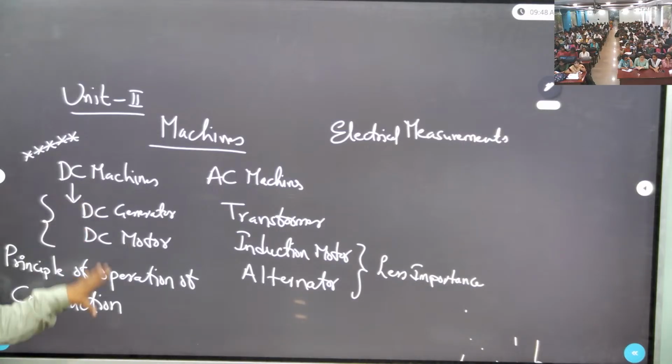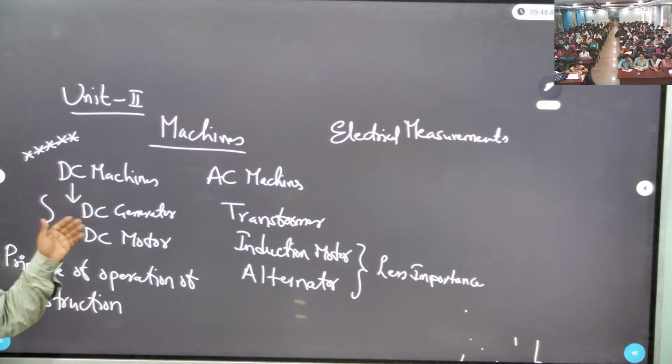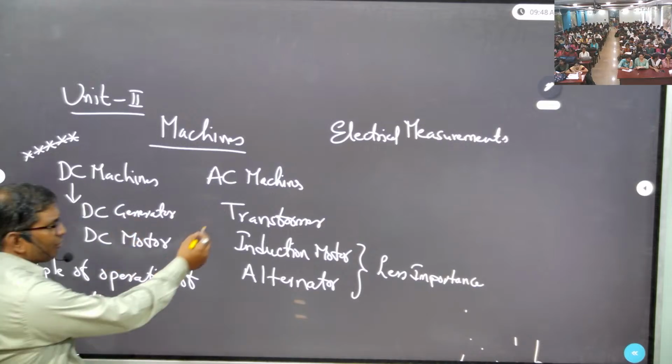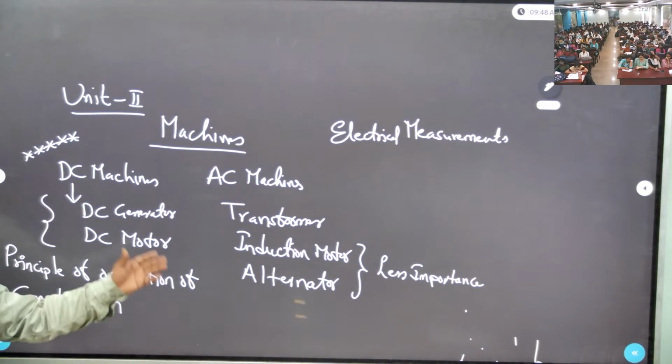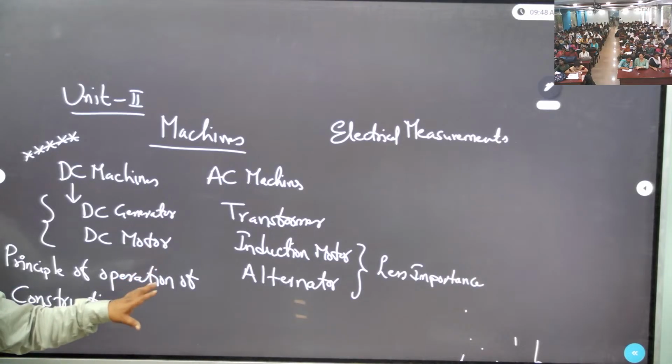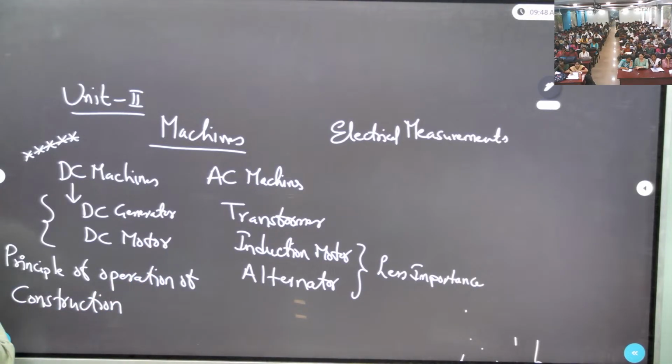You have to study all of this. For DC machines, in the DC generator and DC motor, what is the construction and what is the principle. For AC machines, in the transformer, what is the construction and what is the principle. For the induction motor and alternator, I think you only have the principle. And one more thing: this unit also consists of problems.